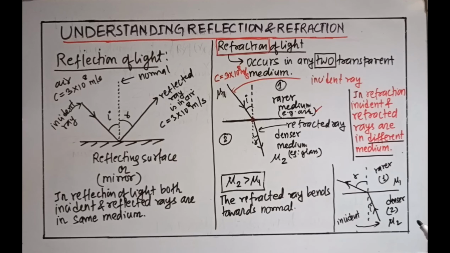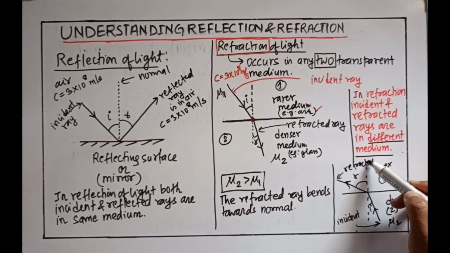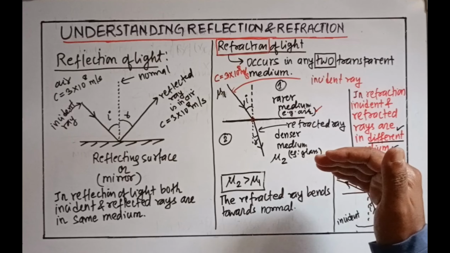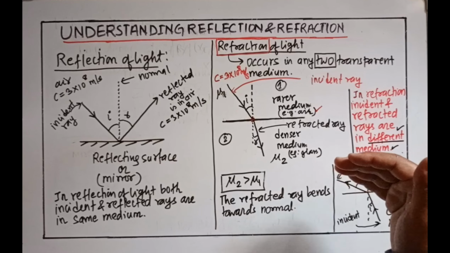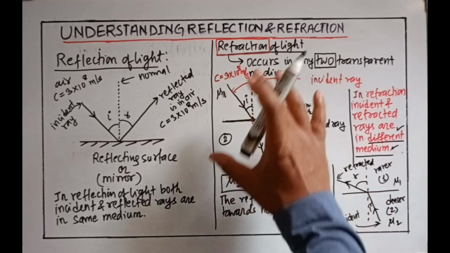When we look into this figure, we find the incident and refracted rays in different media. So we can conclude that the incident and refracted rays do not have the same speed.